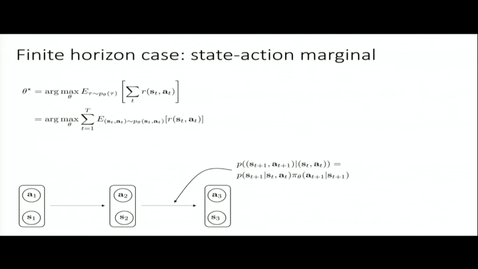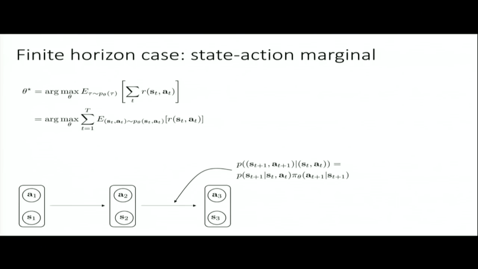And what we can do is take this sum outside of the expectation, because expectations are linear. And inside of it, we'll have the reward that depends on state s_t and action a_t. And that means that we can change this expectation to only be an expectation over s_t and a_t, instead of over the whole trajectory.